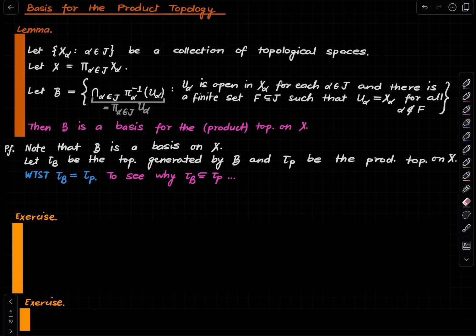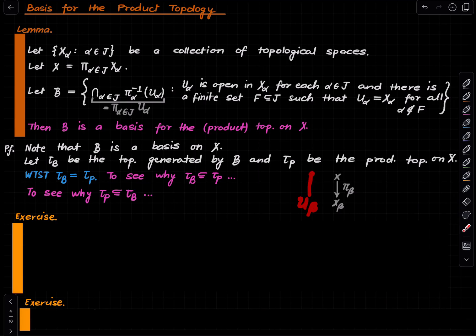And for the reverse, to see why tau P is contained in tau B, it is clear that every projection function is a continuous map under the topology generated by B. Because you have this projection function, you want to show it is a continuous map. You pick an open set in X beta and pull it back.